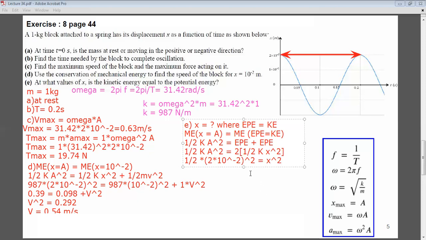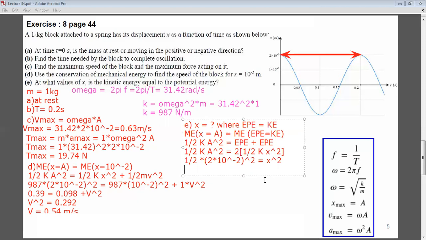Okay, what do I get? Let's do it on the calculator. So I have 2 times 10 power minus 2, squared, divided by 2.